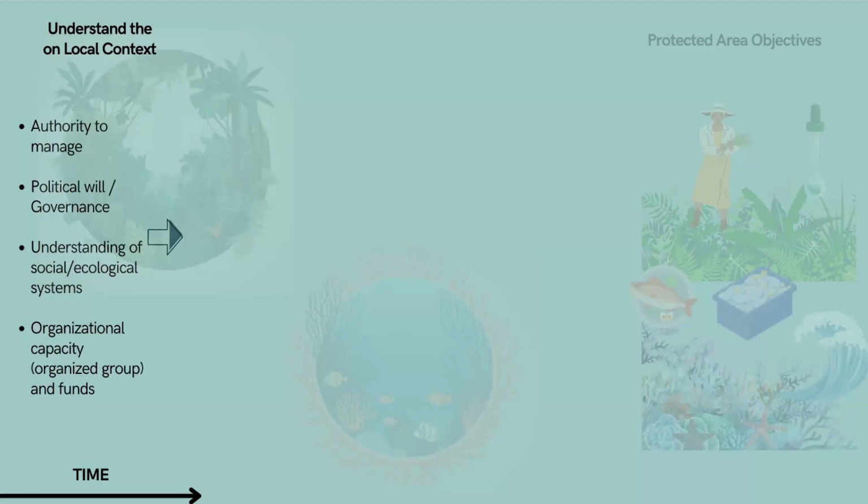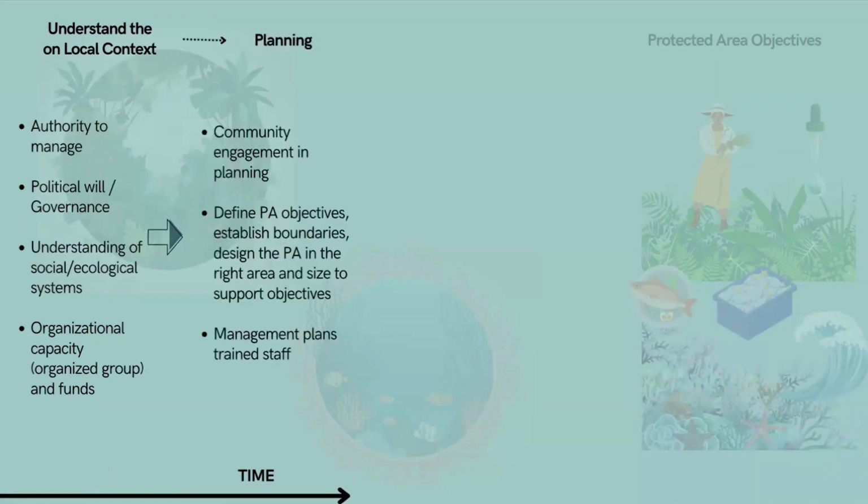We need to understand that to be able to move forward and take strategic management actions. And we also need some kind of organized group and funds to implement various activities. So these components of the local context of the adaptive management cycle provide the foundation for protected area management.